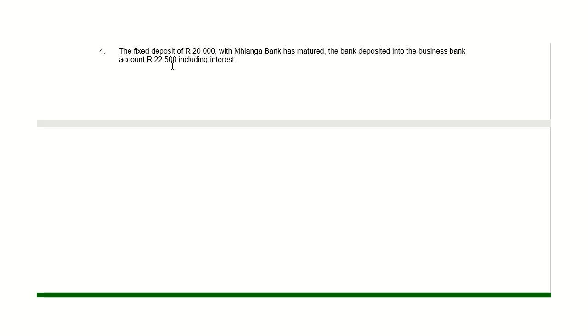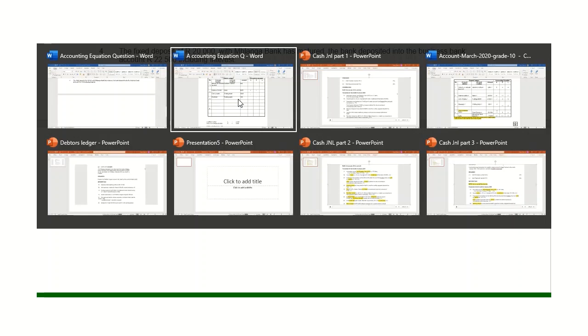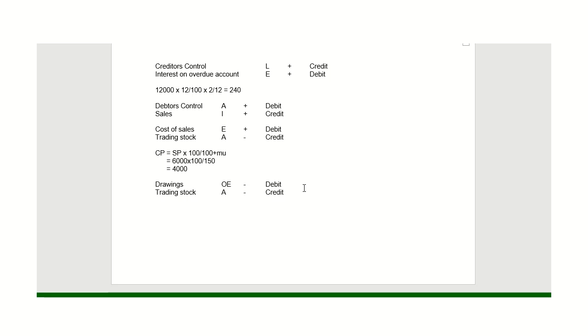So let's look at how we're going to calculate that. If they put money into our bank, it means one account must be bank. Again, with this transaction, there will be two parts. We're going to receive money. First bit that we receive is the fixed deposit that they give us back. So it is the fixed deposit.